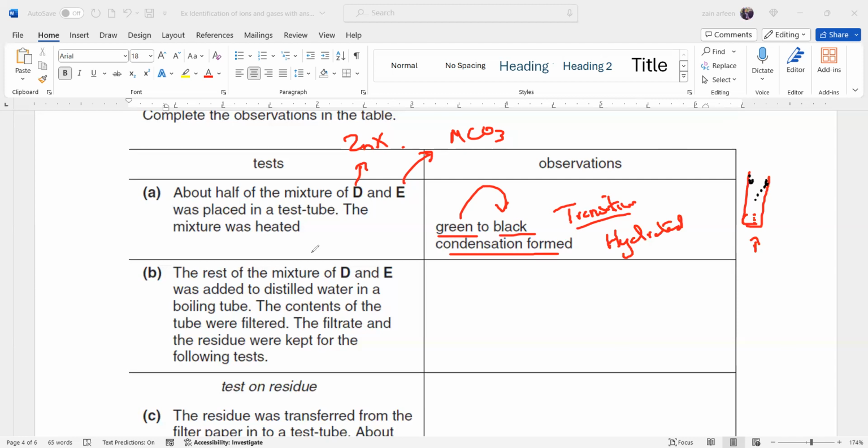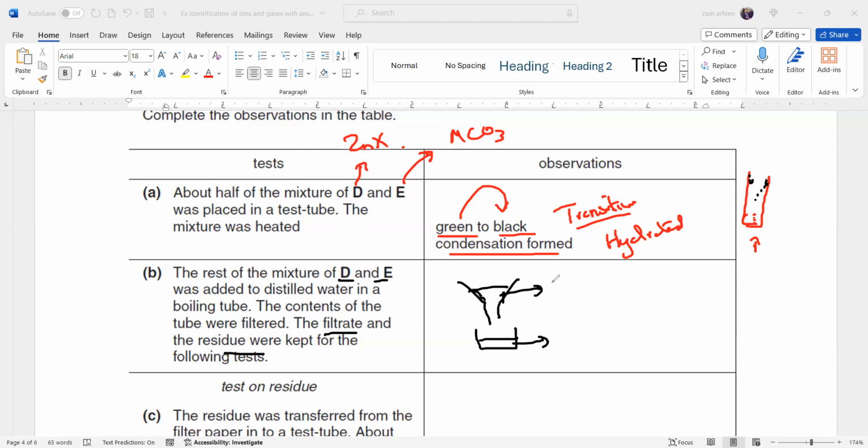Then the rest of the mixture, D and E, was added to distilled water, and the content of the tube was filtered. We have filtrate and the residue. Filtrate means what passes through, and the residue means what is left on the filter paper. So as they mentioned, D is a zinc salt which was soluble, and E is a metal carbonate. So what will be the residue here, D or E?